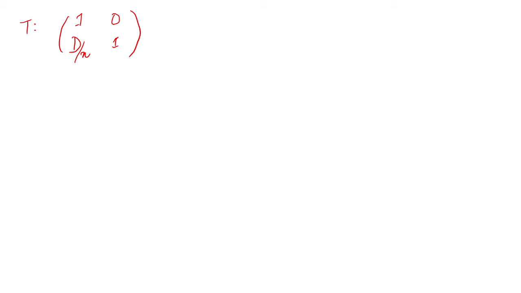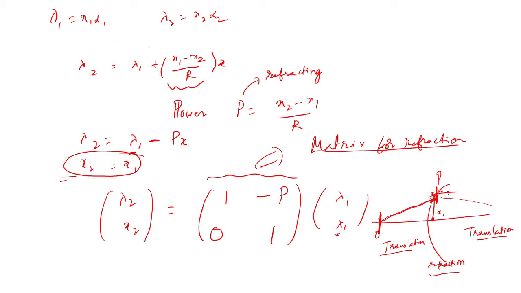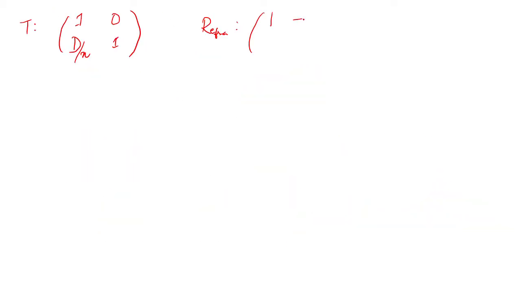This is the translation matrix. And the refraction matrix is 1, 0, minus p, 1. So these are the matrices for translation and refraction.